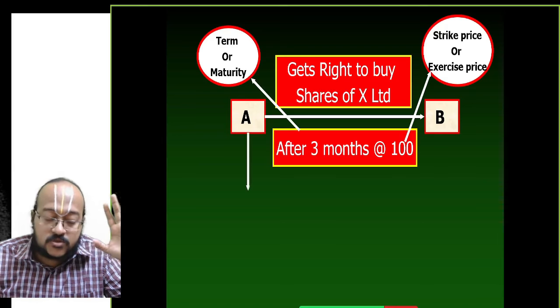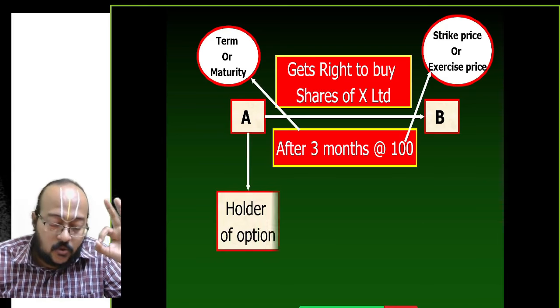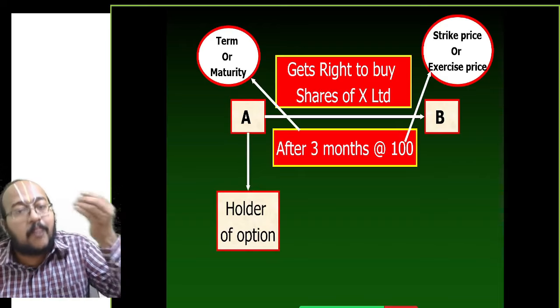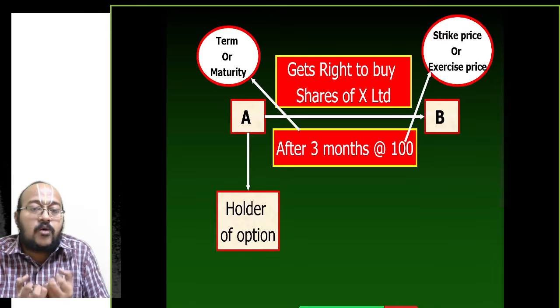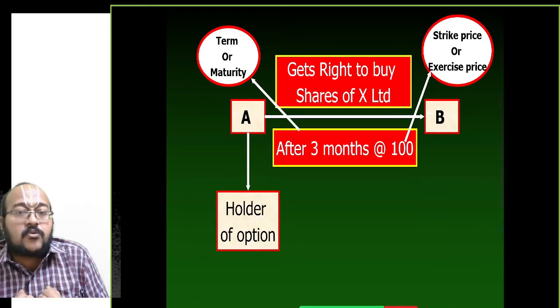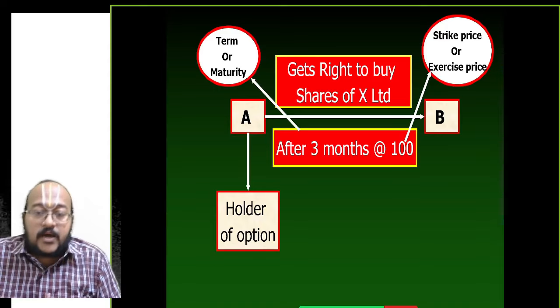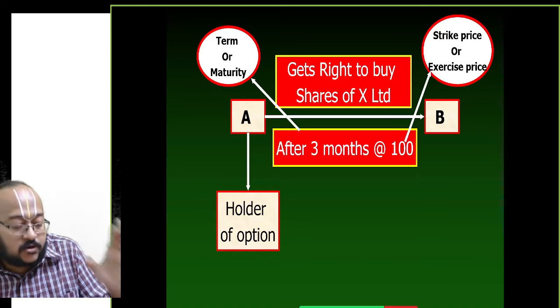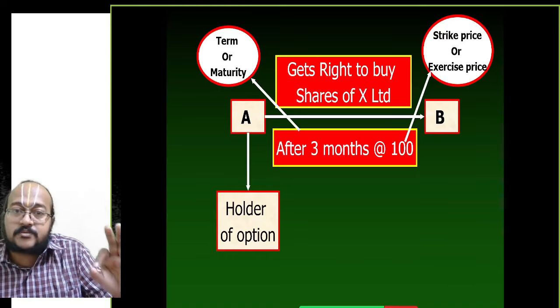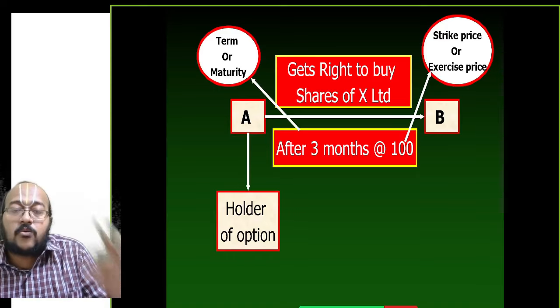This is clear? So A is called the holder or buyer of the option, the person who wants to enjoy the right to buy the shares at a later point of time. Holder or buyer, it is the same person.